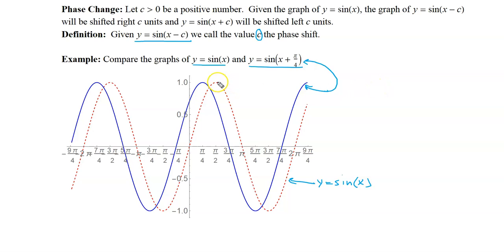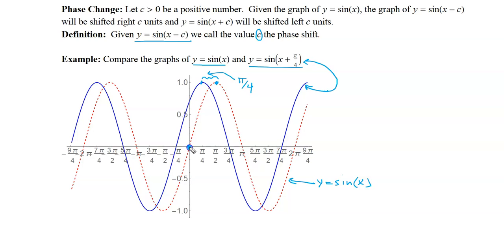Now you notice that to get to the graph of sine of x plus pi over 4, we simply take the graph of sine x and shift it to the left pi over 4 units. You notice, for example, if we go from this peak to this peak right here, that distance right there is pi over 4. And to see that a little more clearly, if you consider down here on the x-axis, notice that the graph of sine x passes through the origin.